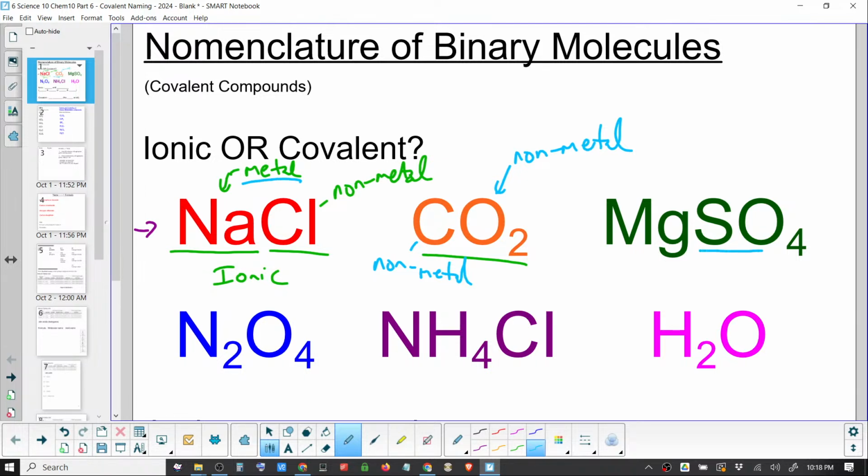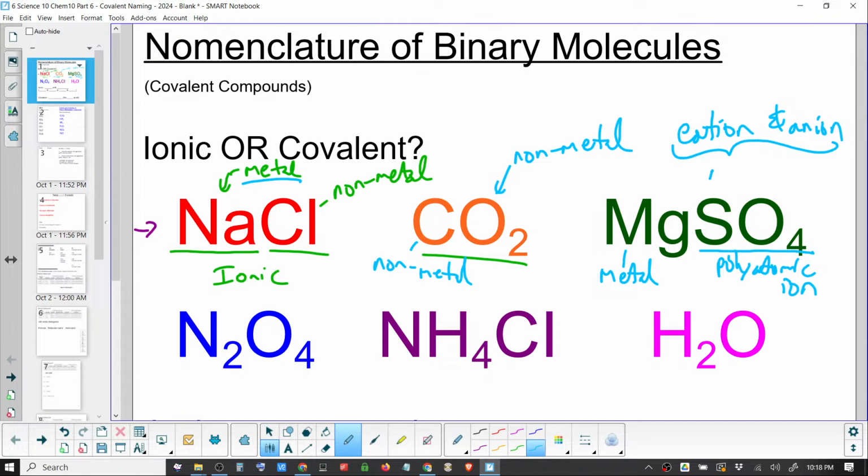Also, if we see a polyatomic ion, that's a fairly strong clue that we're probably dealing with an ionic compound, because it's not just a metal, although magnesium is a metal, but a cation and an anion.